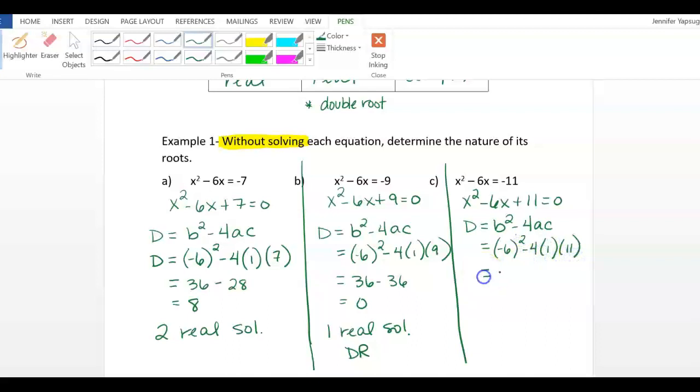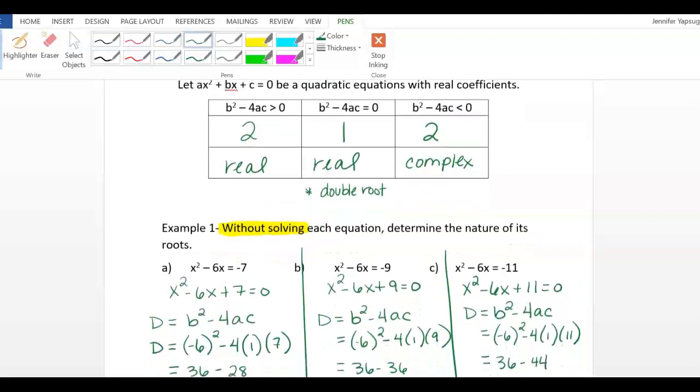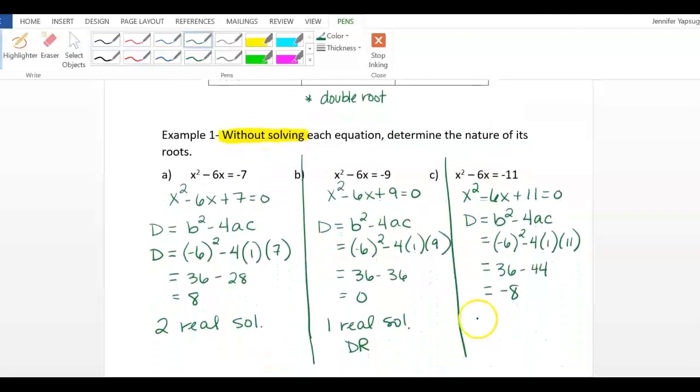So I end up with 36 minus 44, which gives me an answer of negative 8. If I look at my table, that's going to give me two complex solutions as my answer there.